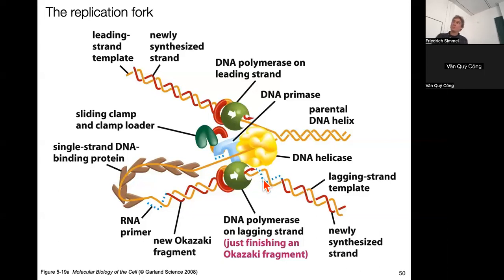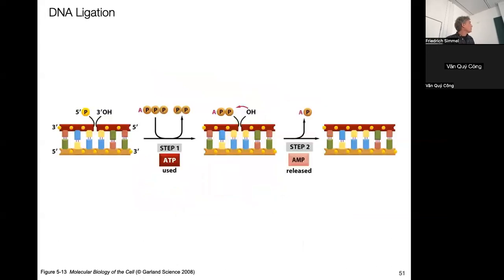There's an additional enzyme called RNase H that specifically degrades RNA in RNA-DNA duplexes. And then there is a gap that can be filled with a polymerase, and then everything is ligated together with another enzyme called ligase. That's shown here.